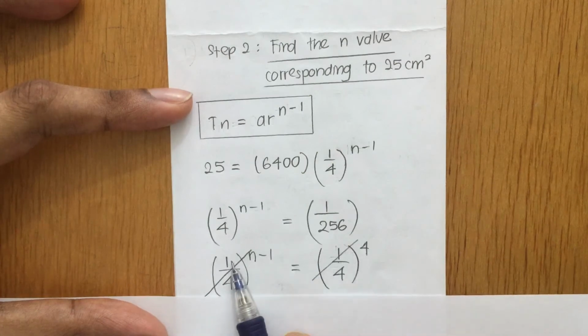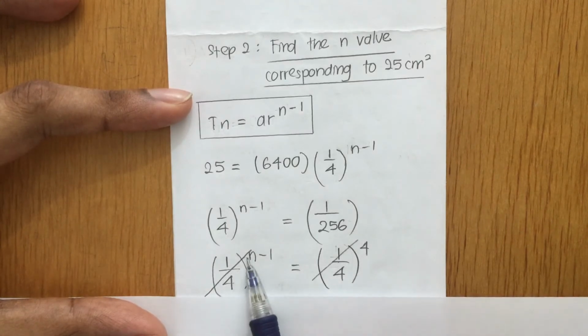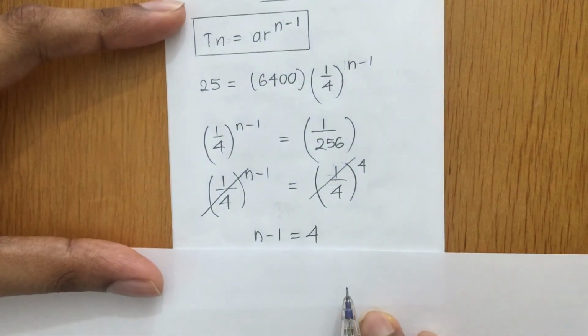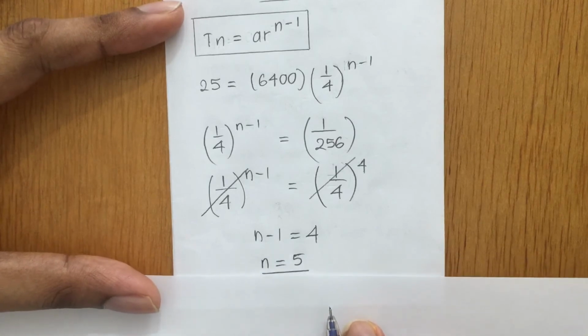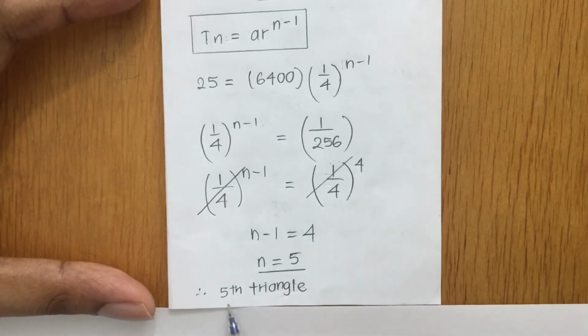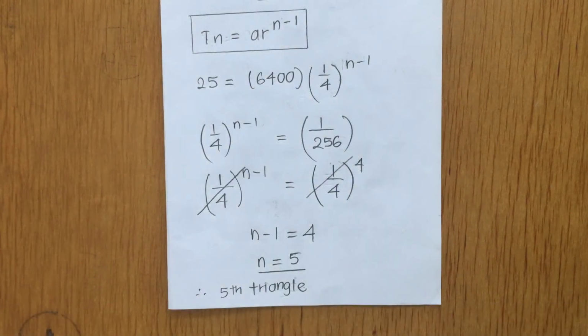Since both sides have the same base of 1 over 4, you can cancel the base, so you're only left with the powers, n minus 1 and 4. So from here n minus 1 will be equals to 4, and you get n equals 5. So this is your final answer, guys, where the fifth triangle has an area of 25 centimeters square.